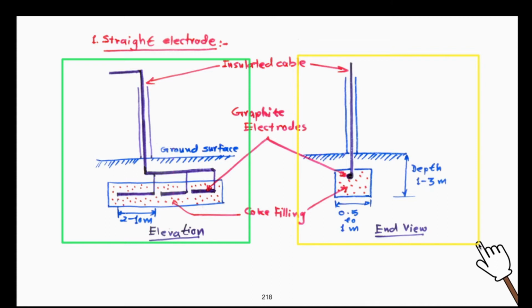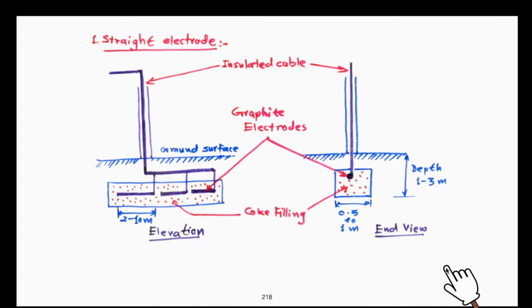So different views of the same straight electrode have been represented on the same slide. Let us focus our attention on the left hand side of the diagram. Let us go through the details.